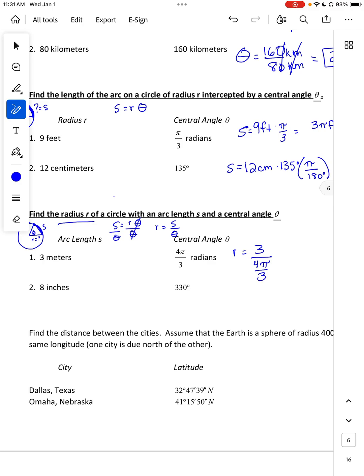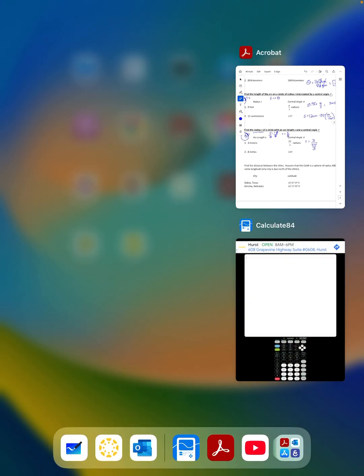So we need to put this in the calculator. We can put it in just like that. So let's do that. I'm going to use my fraction button. So it is 3 over, I need another fraction, 4 pi over 3.